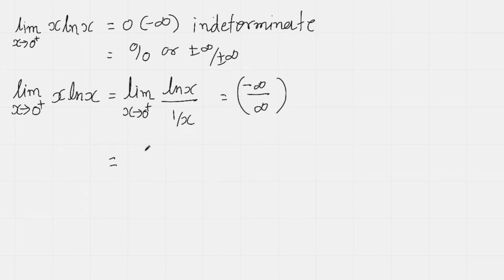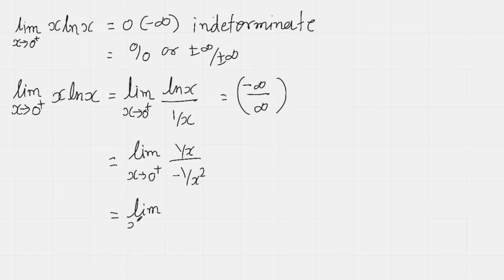Now let us use L'Hospital's rule. The derivative of ln x is 1 over x and the derivative of 1 over x is minus 1 over x square. The limit is as x approaches 0 from the right side. Now let us simplify this.